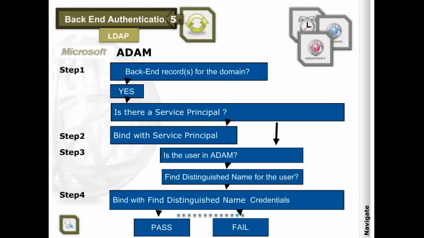Bind to ADAM using the security principal DN and password defined for the ADAM backend if principal details are specified. Step 3. Search ADAM for the FQDN of the user that has to be authenticated, starting from the base search DN. Step 4. Try to authenticate with ADAM using a bind with the FQDN and password of the user to be authenticated.